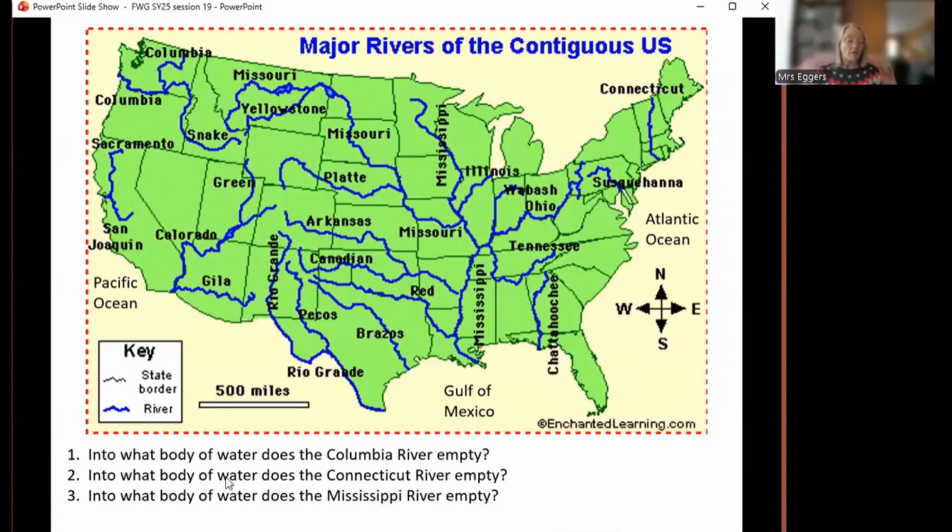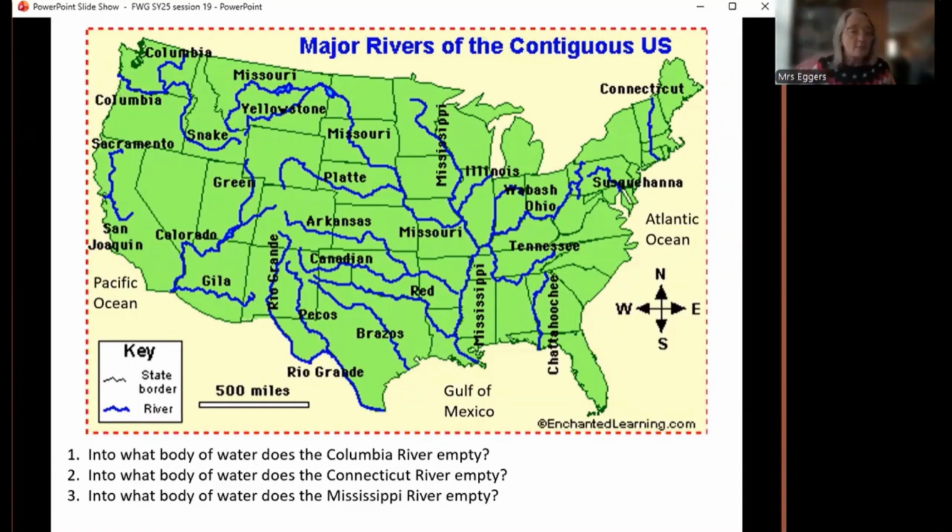Into what body of water does the Columbia River empty? So there's the Columbia. Forms part of the border between Oregon and Washington, and it flows into the... Yeah, we're looking for the body.